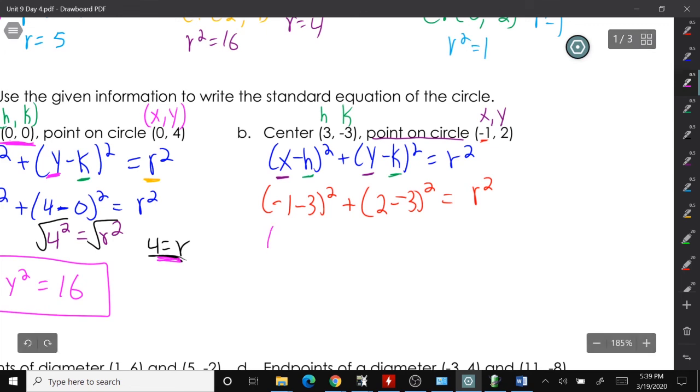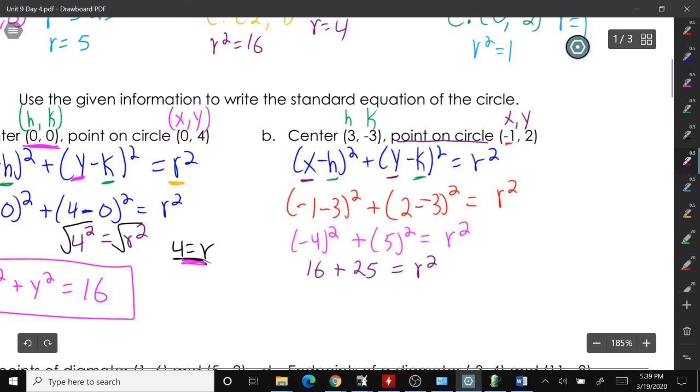Negative 1 minus 3 is negative 4 squared, plus 2 minus negative 3 is positive 5 squared equals r squared. Negative 4 squared is 16, plus 25 equals r squared.